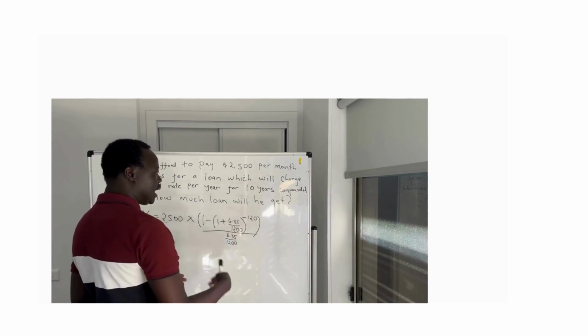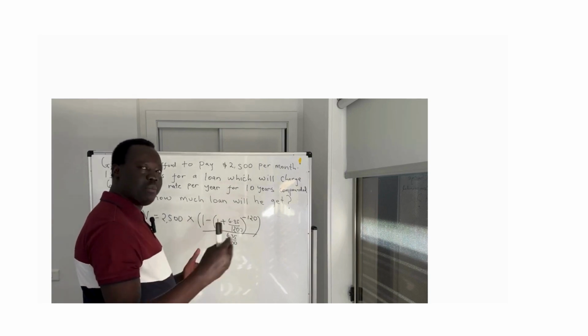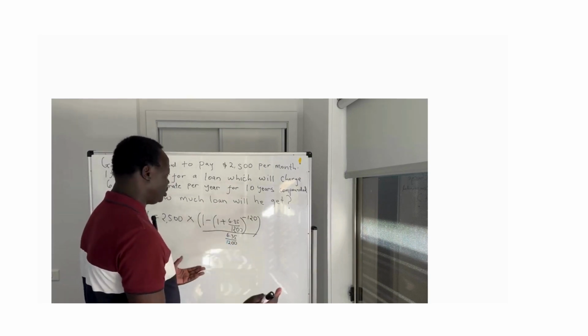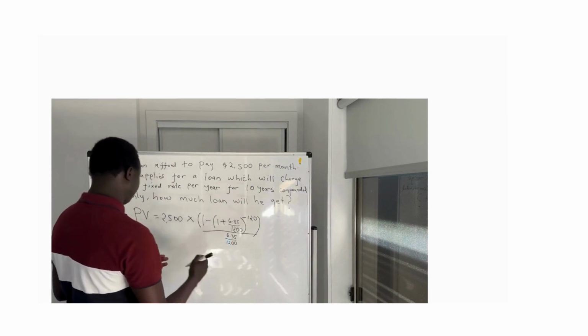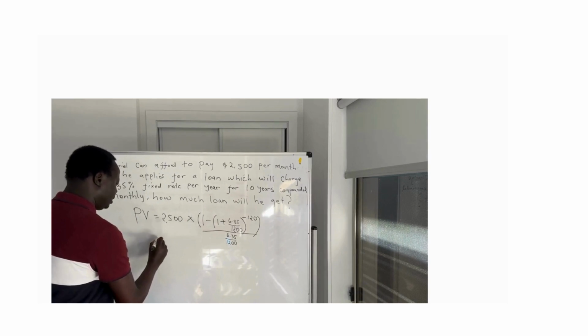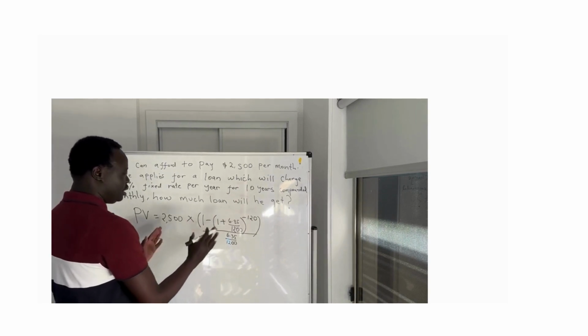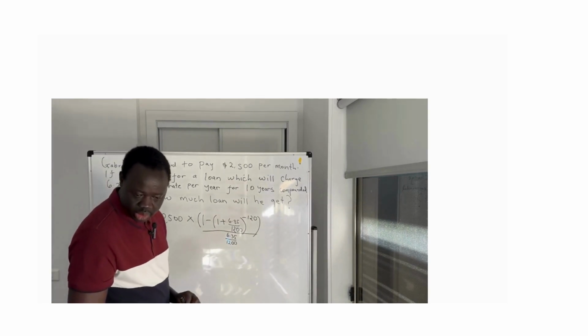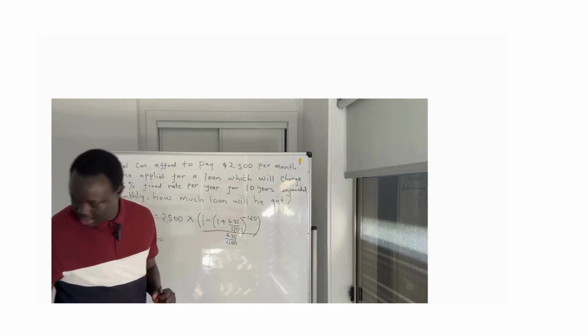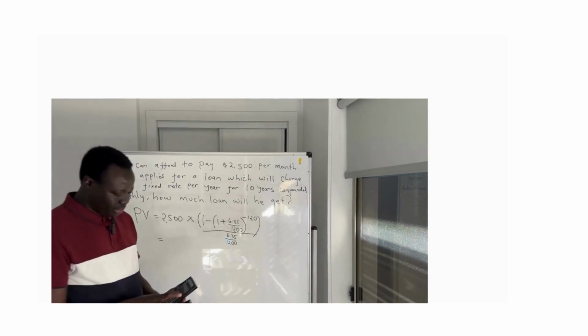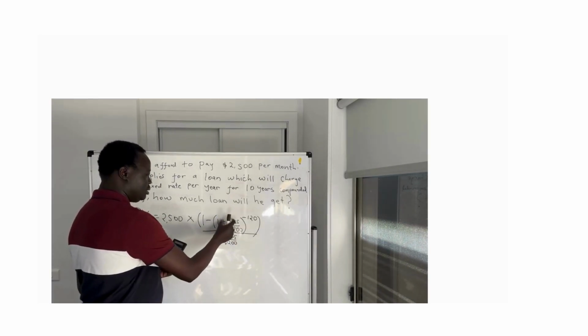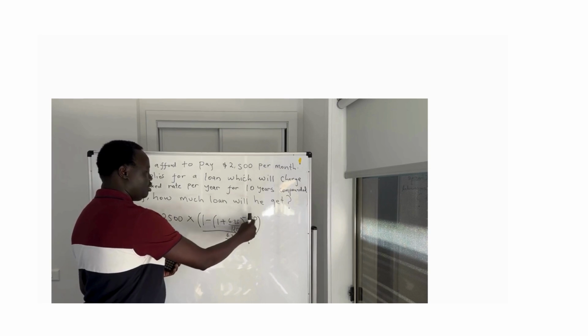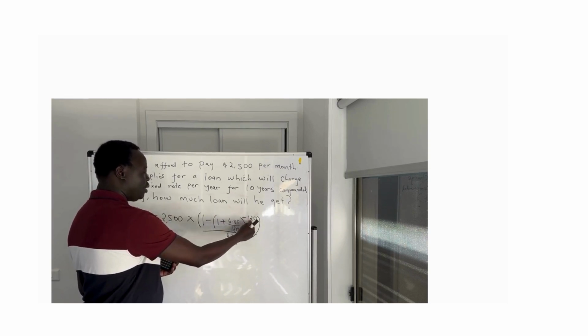So now, the question is asking how much loan will he get. So the question is asking you to find how much maximum loan he can get from the bank. So let's use our calculators now, or you can use your phone calculator if that's what you have. You work out this part first, what is in the bracket raised to that power.